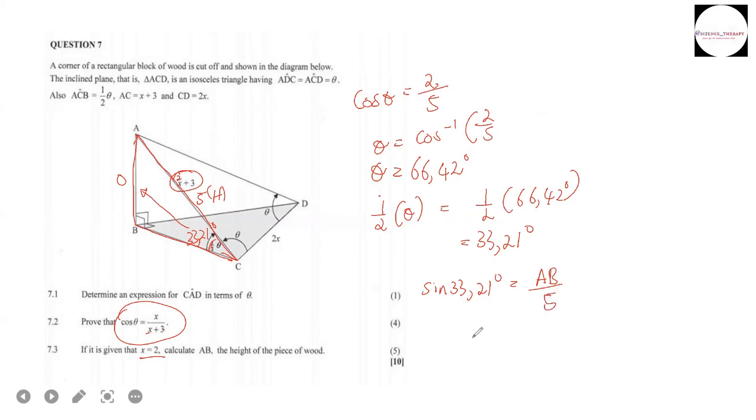So to calculate AB, you need to say AB is equal to 5 sine 33.21 degrees. This gives us a value of 2.74 units if we round off to 2 decimal places.